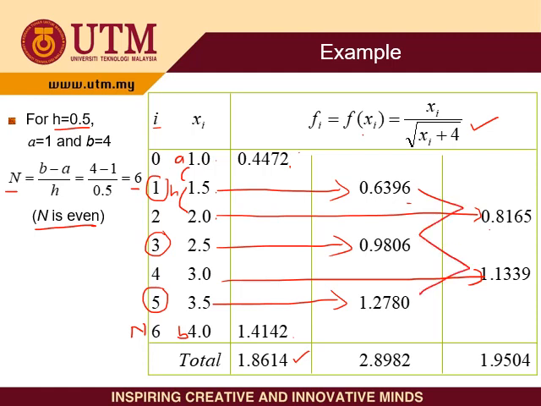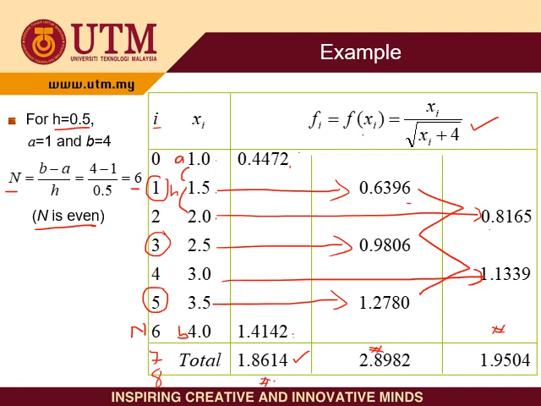Let's say we have until 8, so until 8 we have 7. Our 6 will be here, and our 7 will be here. Our 8 will be the end, the last one here.